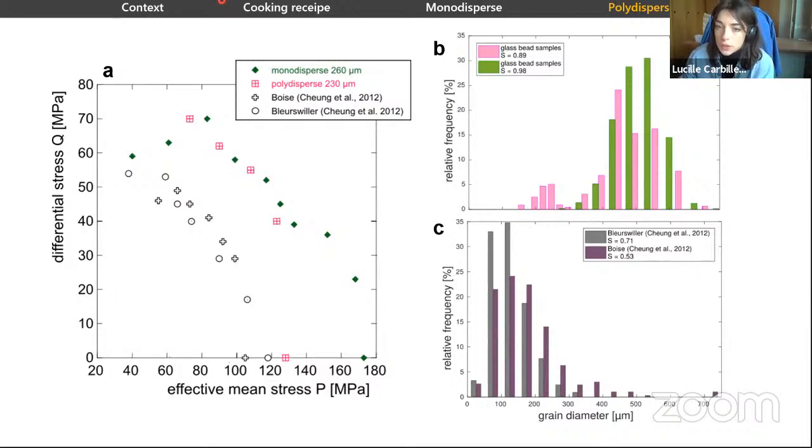So these two sandstones, just as our synthetic samples, have the same porosity and almost the same mean grain diameter, but they have different grain size distribution. And what is really interesting is that they also see that under triaxial condition, there's not much difference in the strength of the sandstones.